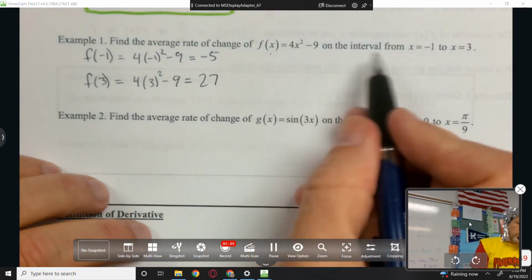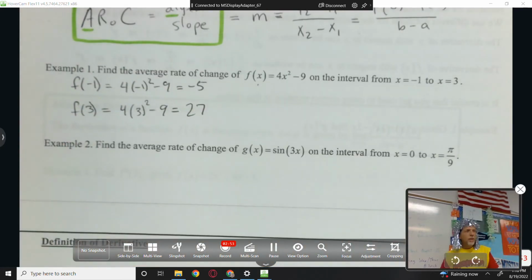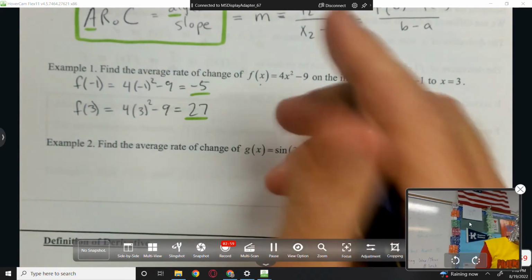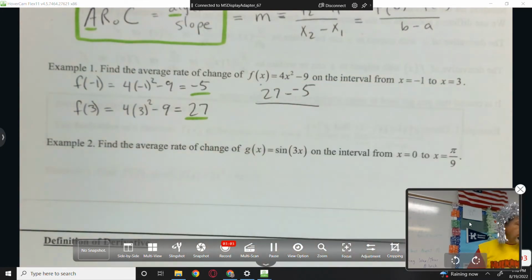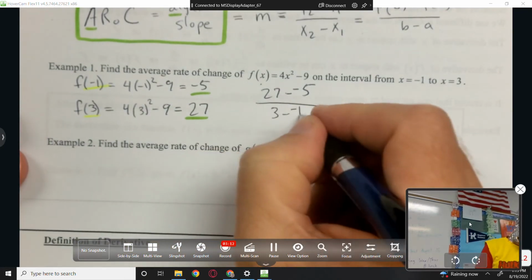And then which one you call A and which one you call B, which one you call X1 and X2 don't really matter as long as you keep things straight. So I'm going to go 27 minus negative 5, because that's the Y values, over the X values in the same order, 3 minus negative 1.